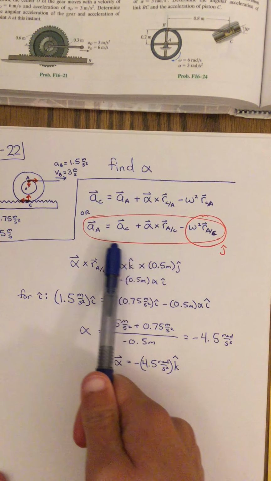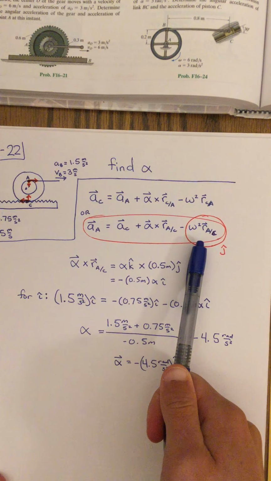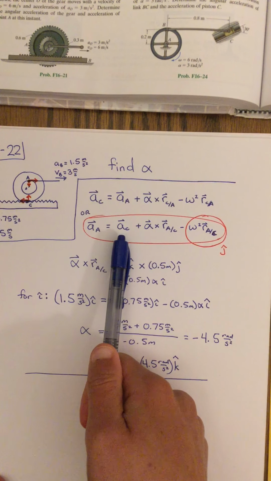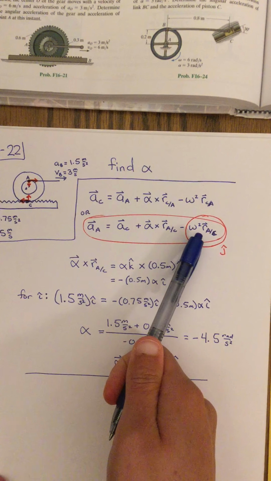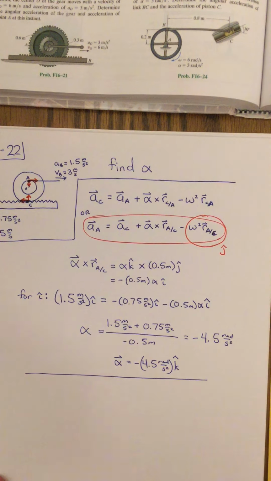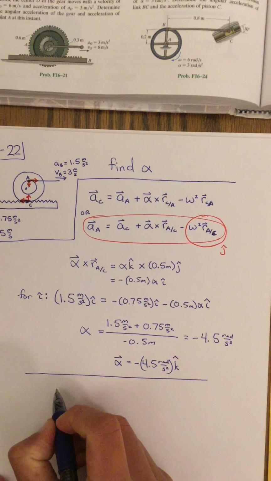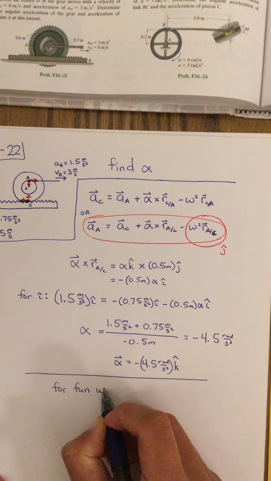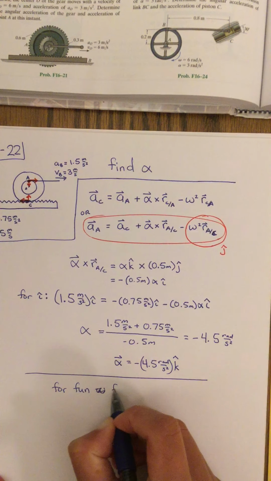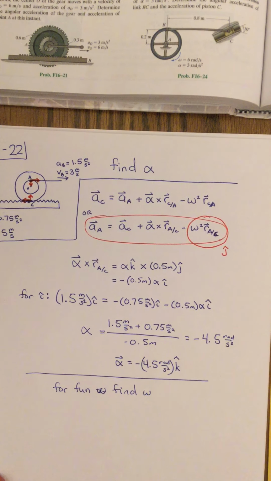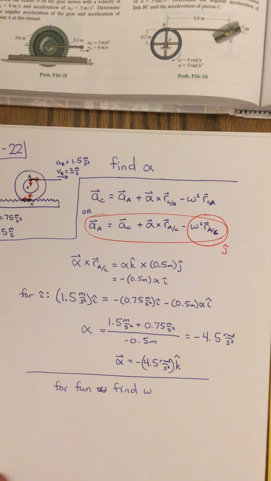Okay, so if we were following our usual procedure to solve this problem, we would first be looking for what to put into this equation for the different quantities that we have. So for fun, we're going to find the angular speed. I can do this using the instantaneous center of zero velocity.